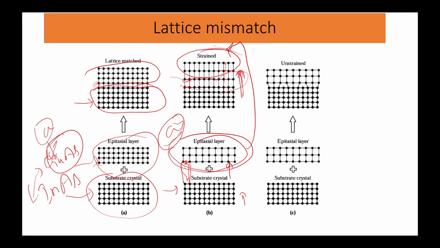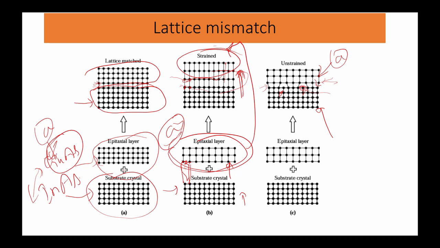The first layer, because of the lattice mismatch, is not connected. This atom is unbound, this atom is again unbound. This is the lattice mismatch, because the lattice parameter of this growth material is more than that of the substrate.